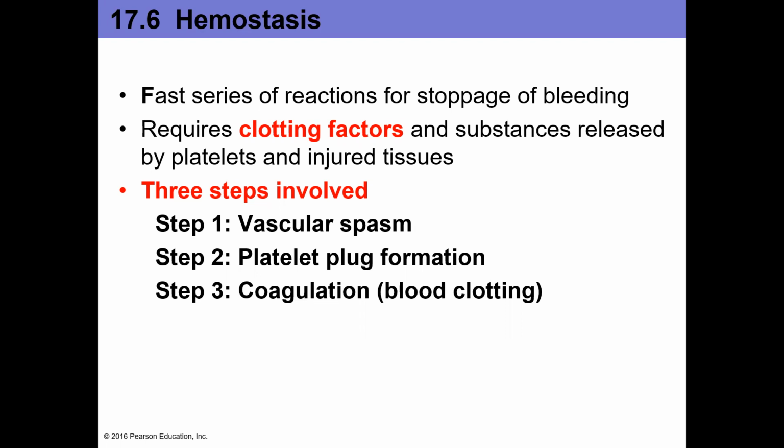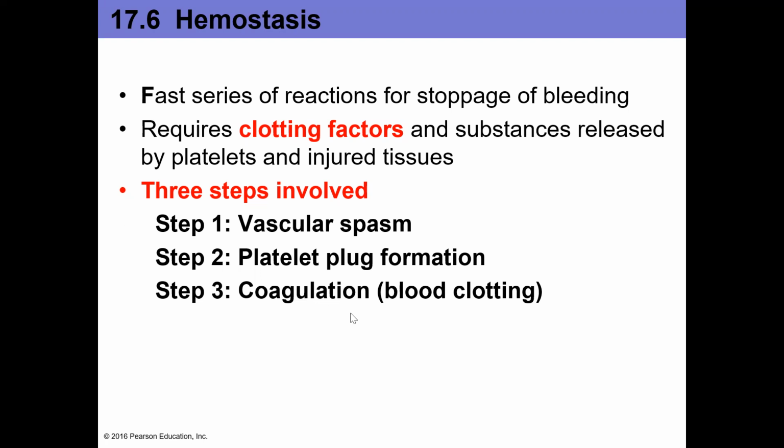The second step is the platelet block formation. Platelets will come to the site of the injury and try to seal it by making a block, getting on top of each other and forming that block that seals the injury and prevents blood from leaking outside. The third step, which is a little later, is coagulation.